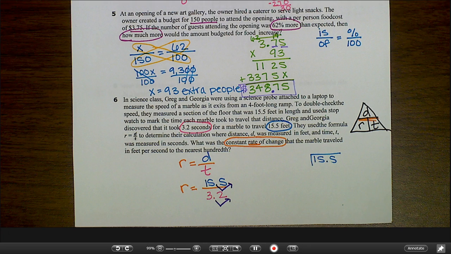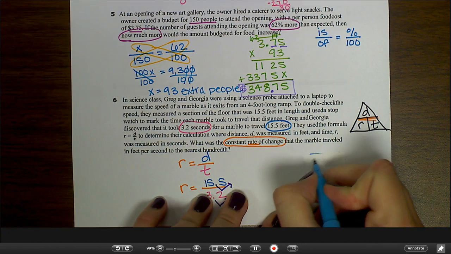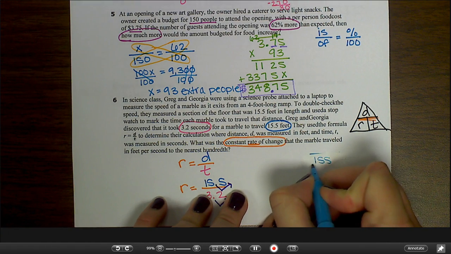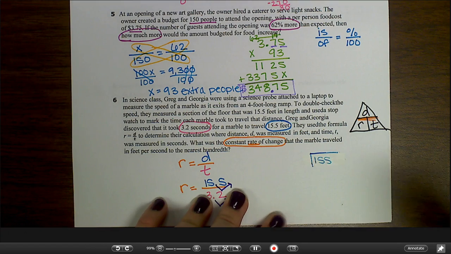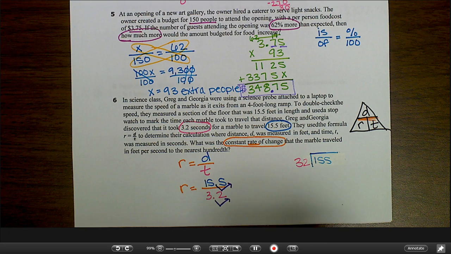Let's go ahead and set this up correctly. 155 divided by 32 now. So I'd like for you to go ahead and do your division, and then pause, and then push play and see if you have the right solution.